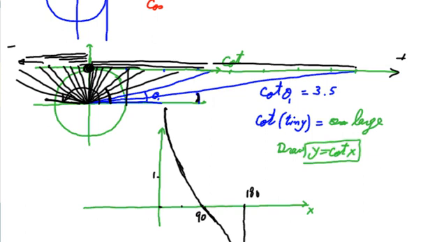Okay, so I realize you're having a little bit of a hard time with this thing. This was the description of cotangent using the unit circle. Secant and cosecant can be explained, but it's going to be a little bit more involved.